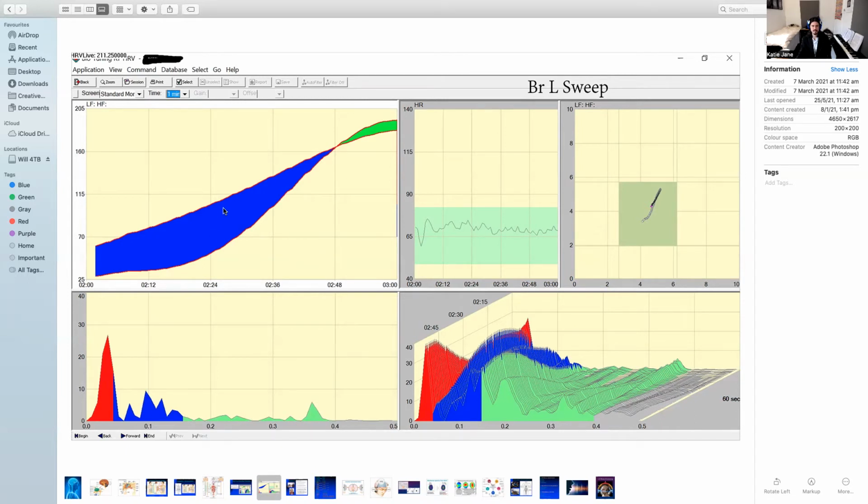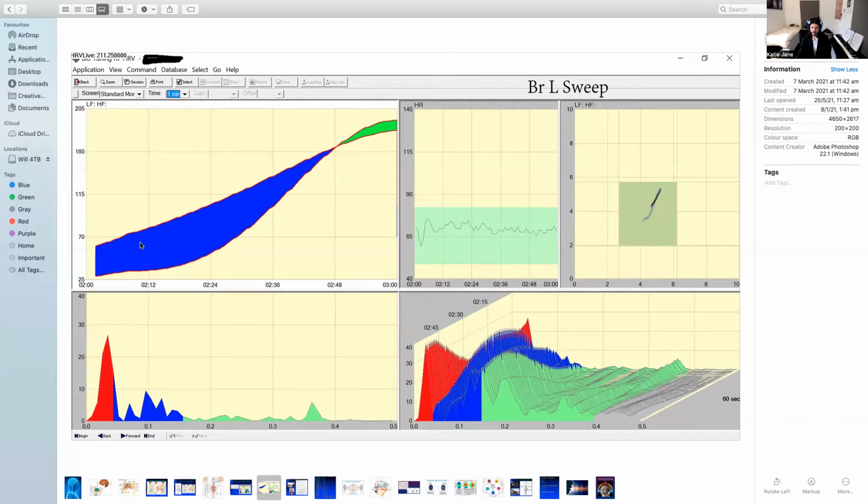Forgive me, this is always a lot of information, so bear with me and don't be too hard on yourself for trying to follow along. So what we're seeing here is the very beginning, at this 2 minutes here, which is when the heart rate variability begins to show on my computer screen.